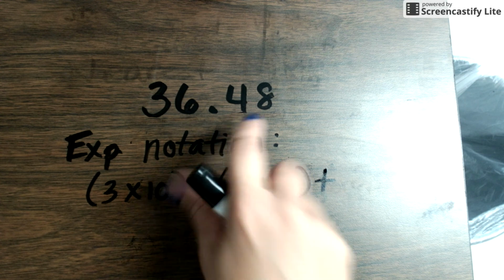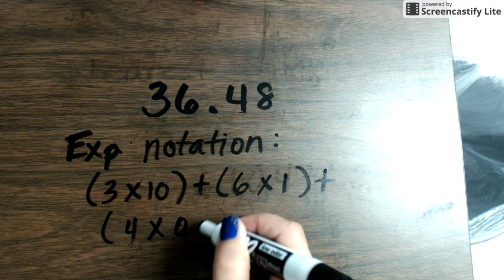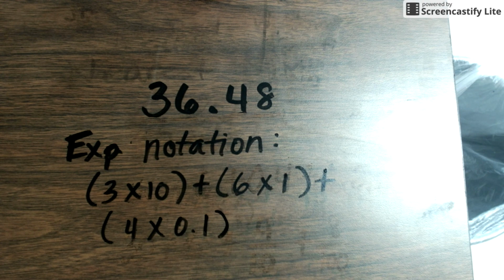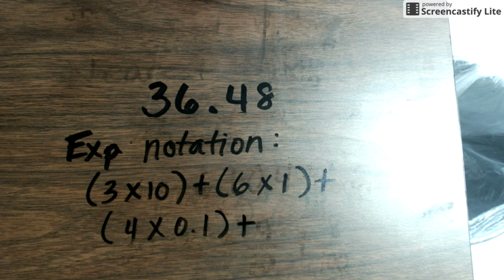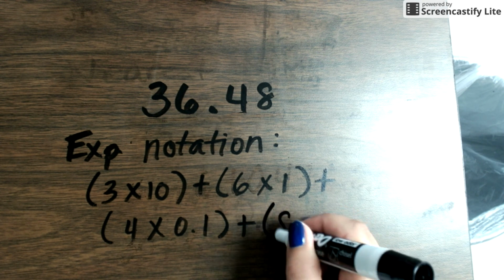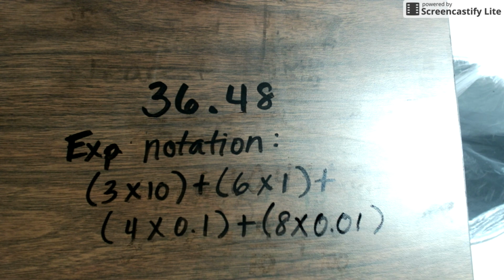Plus 4 is in the tenths place. We have 4 tenths. Therefore, it would look like 4 times 1 tenth. Plus, we have an 8 in the hundredths place. We have 8 hundredths. That would be 8 times 100. Okay, so that's our expanded notation.